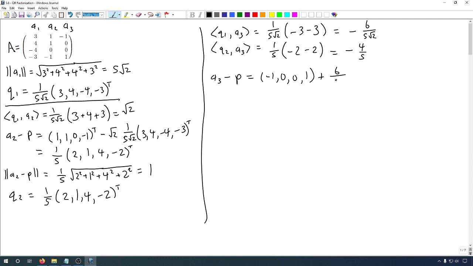We have 6 over 5 square root 2 times the 1 over 5 square root 2 that we have over there. And we have all this stuff. Then again, because we have the minus sign here, we subtract a negative, so we get a plus 4 over 5 times what we have here, so that we have a 1/5, 2, 1, 4, negative 2.